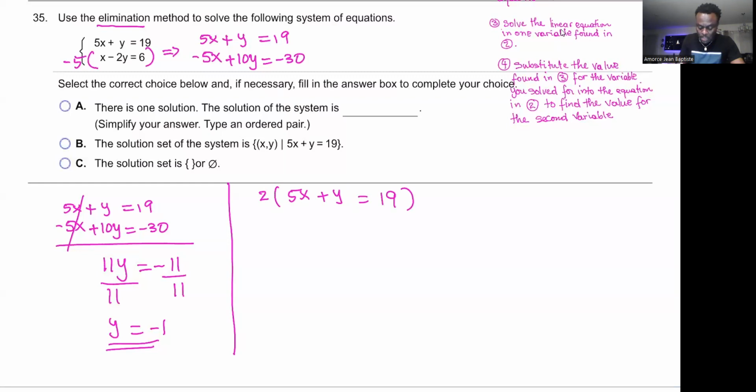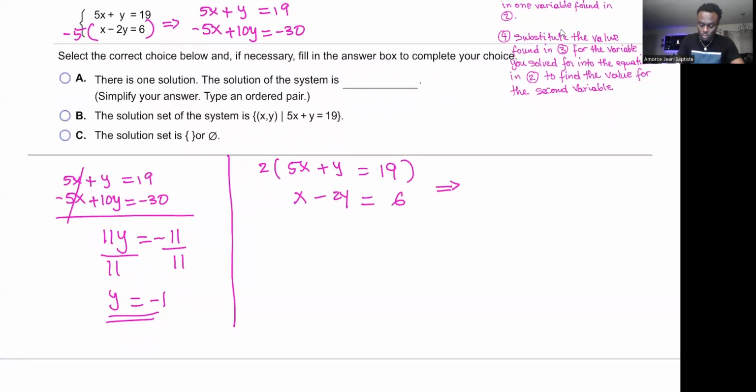And then the second one, keep it just like it is, because I'm not trying to eliminate my x this time. So that's x minus 2y equals 6. And the new system becomes, after multiplying, 10x plus 2y equals 38.